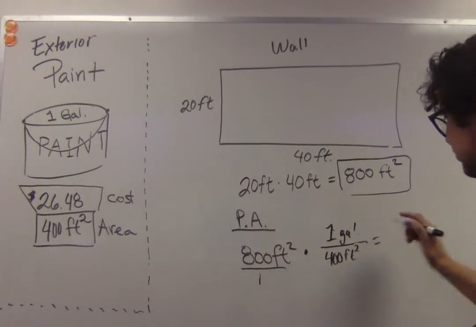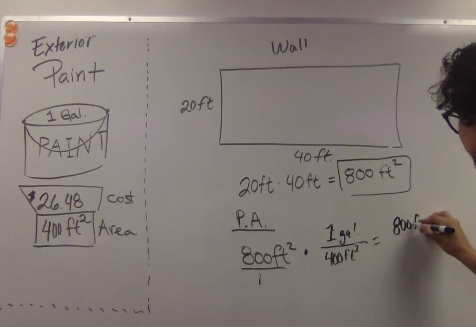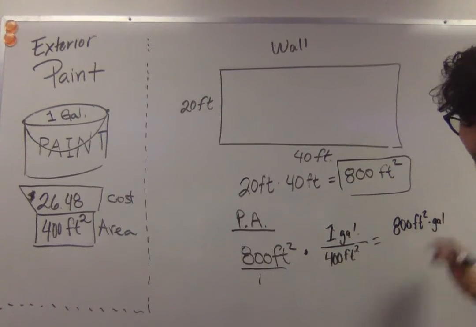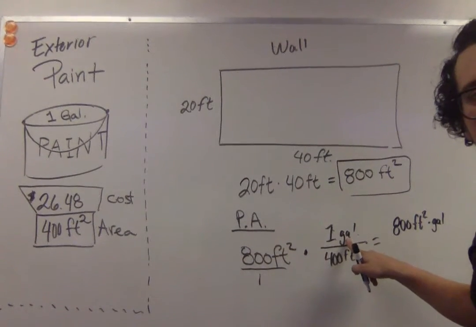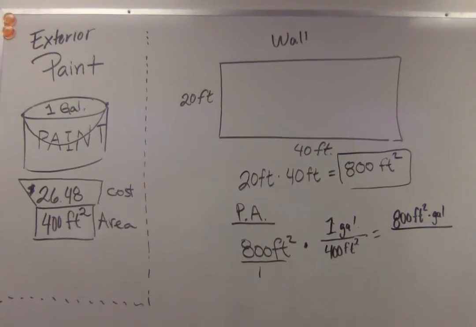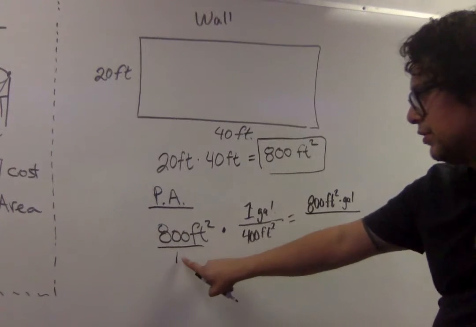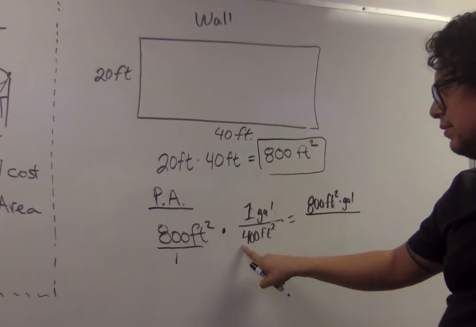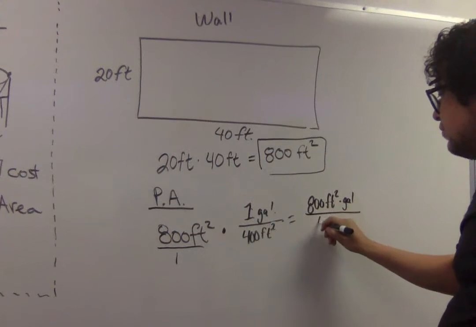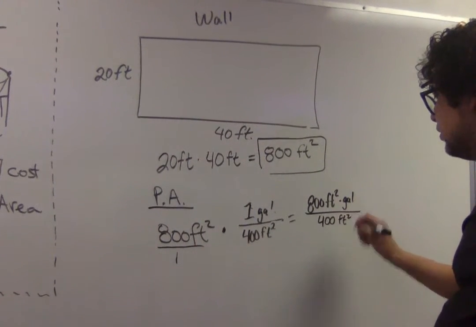So 800 times 1 will give me 800 feet squared, and then I'm going to put times my gallon, okay? I'm going to keep my unit with me. Over, okay? We're getting there. It's just a little bit left, and we're finished. What's 1 times 400? 1 times 400 feet squared is going to give me 400 feet squared.